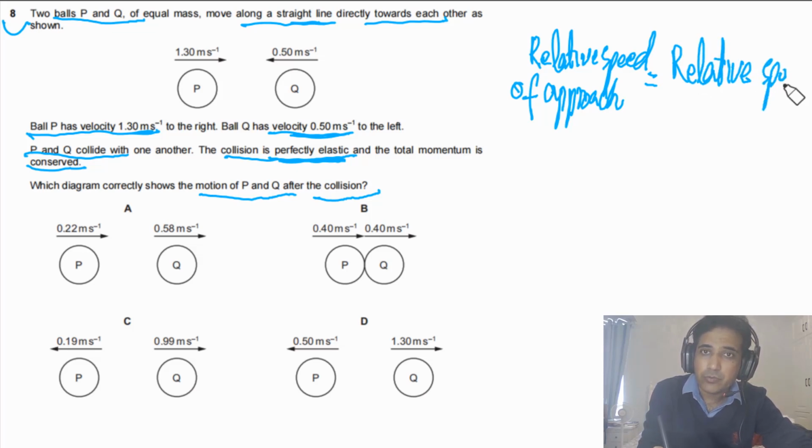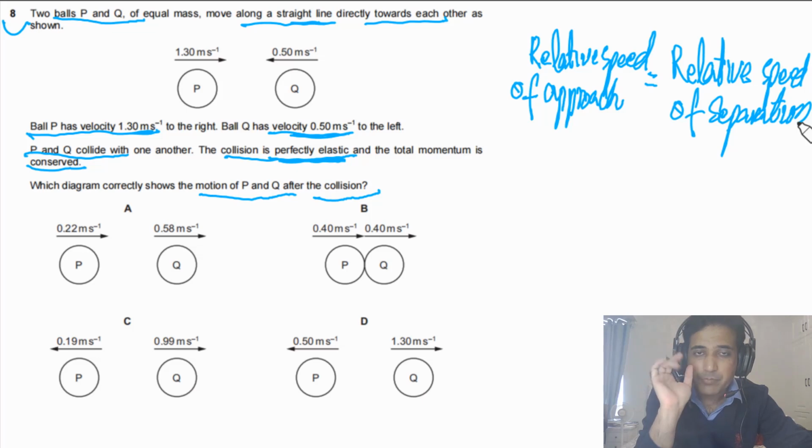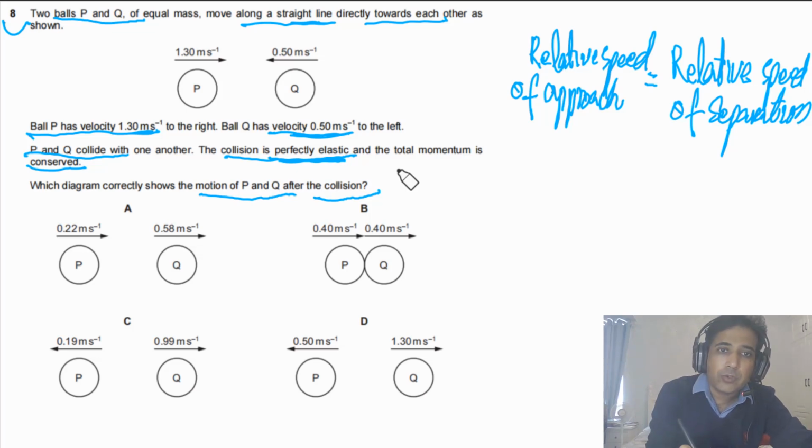Sometimes, most of the students struggle with this concept, to understand what is relative speed of approach and what is relative speed of separation. So first of all, let's try to understand this concept a little bit. Imagine that we have two balls. Let's say this is ball 1 and this is ball 2.